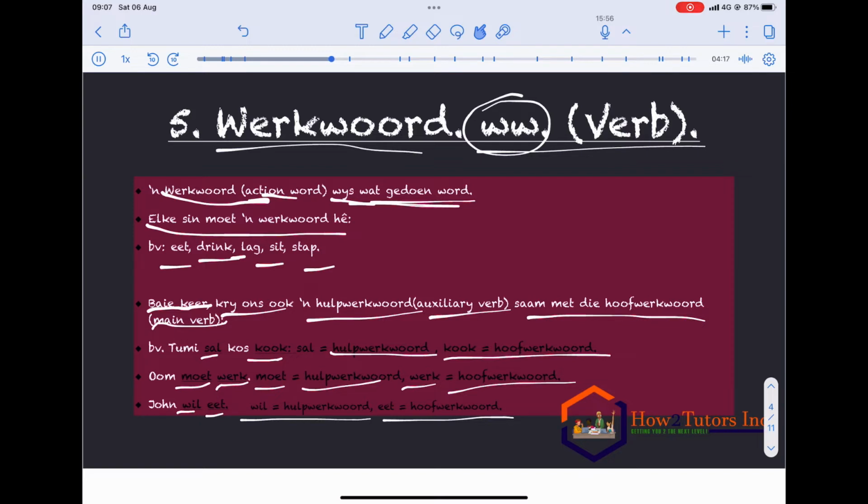Another way to identify if your sentence perhaps has 2 and you're not sure: usually your sal, your moet, your wil, and so on will be your auxiliary verb, and then the one that shows the actual action, your eat, your slap, your drink, your kook, will be your hoofwerkwoord. So that's how you can also identify. If you see sal, moet and wil, it will be your helpwerkwoord, and then your kook, your eet, your werk, your slap, your lag will be your hoofwerkwoord, your main verb.